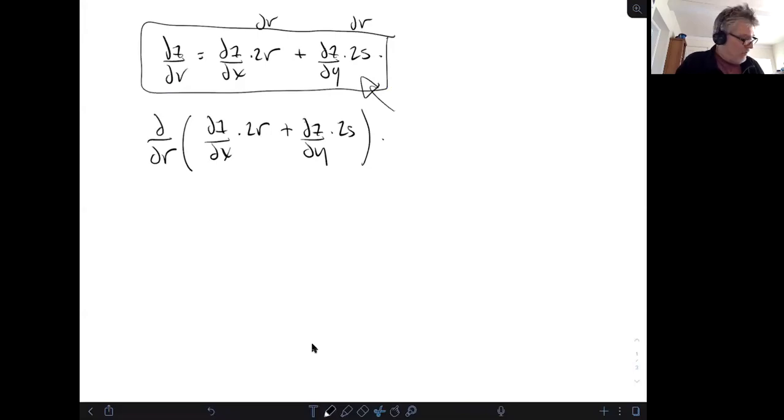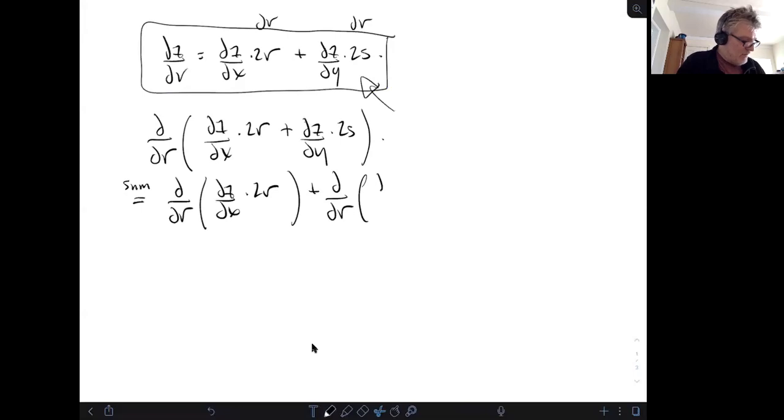It's a sum, so this is just a derivative, and I can just split it up first as a sum: del r of del z, del x times 2r, plus the derivative with respect to r of del z, del y times 2s. Okay, so far so good.